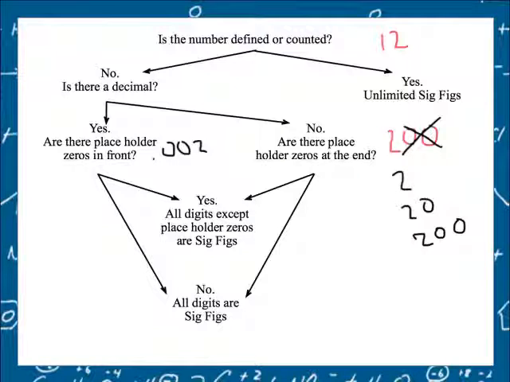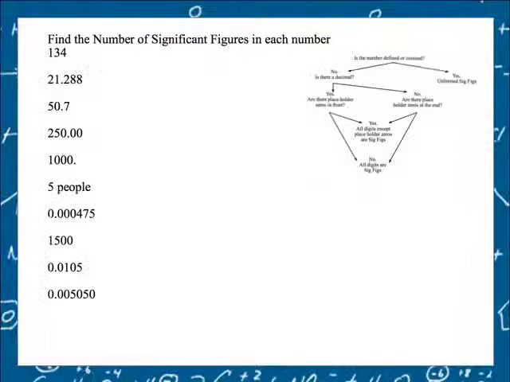So what you need to notice here is we're counting everything except zeros some of the time, when they're placeholders. Where we look for the placeholders differs depending on whether we have a decimal. If there's not a decimal, you'll be looking for placeholders at the end of the number. If there is a decimal, you will be looking for placeholders at the beginning of the number. Everything else is going to be significant except situations like this. So let's get to some examples to make this a little more clear.